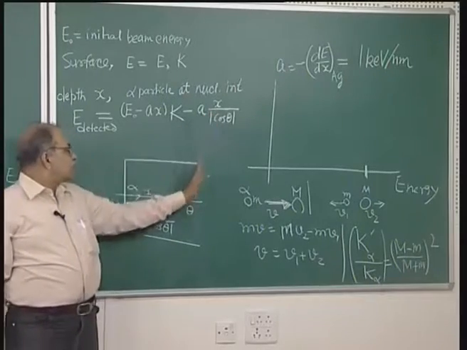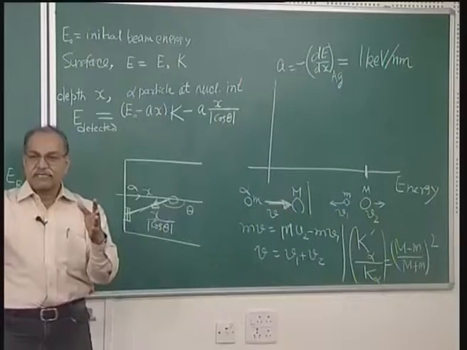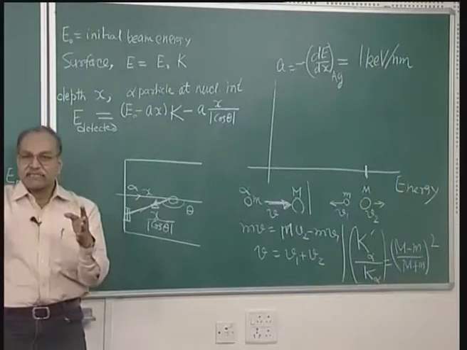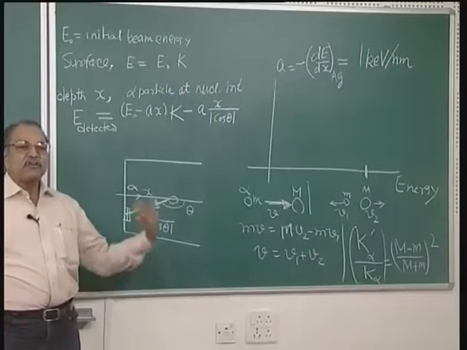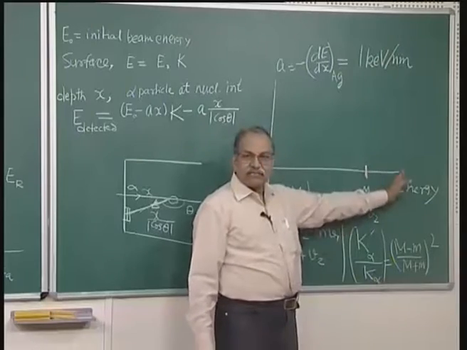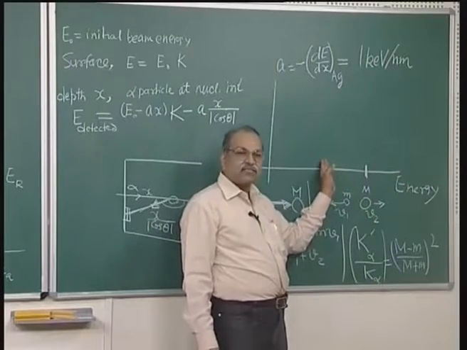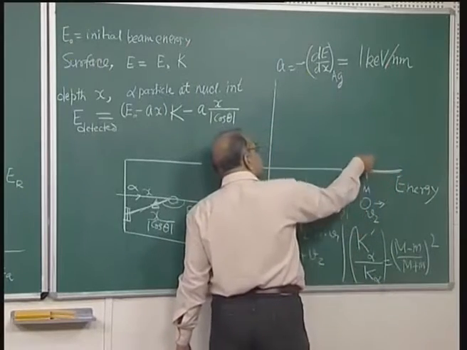So, as your silver layer, it goes through that silver layer and collides at different places and comes back, you will have alpha particles of lower energies. So, nothing on the right of this, but there are alpha particles to the left of it, and you will have a spectrum something like this.